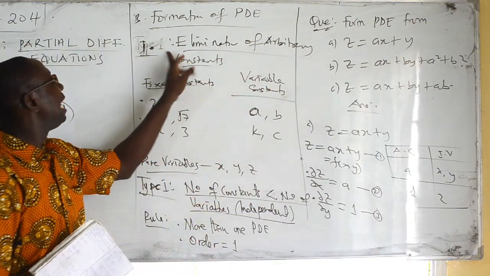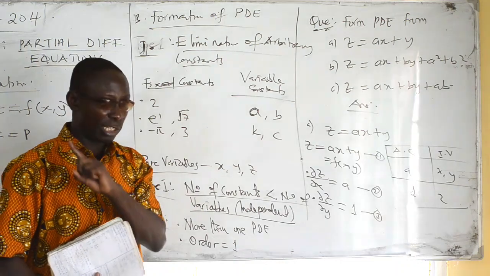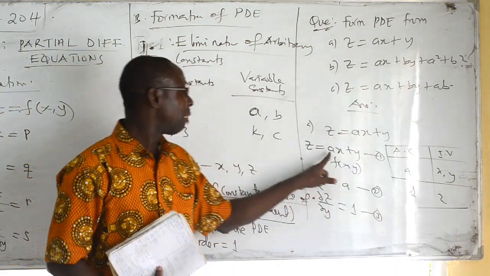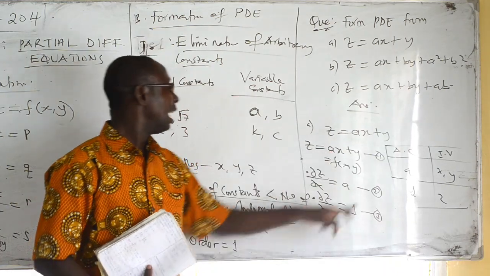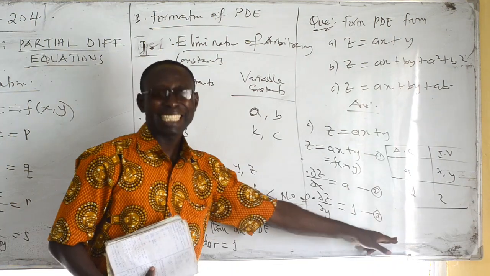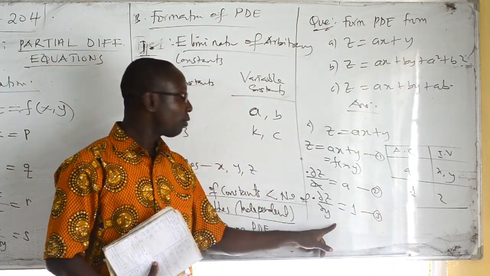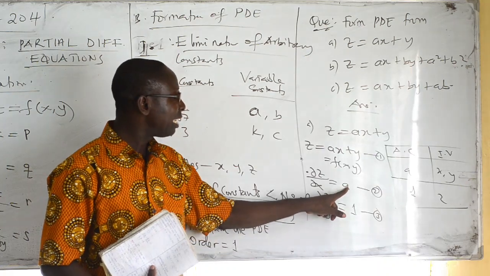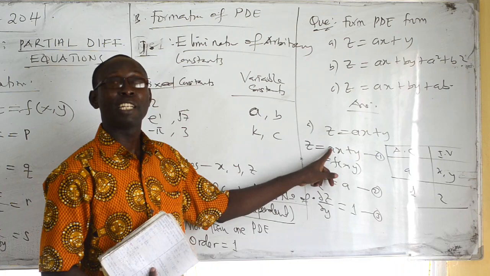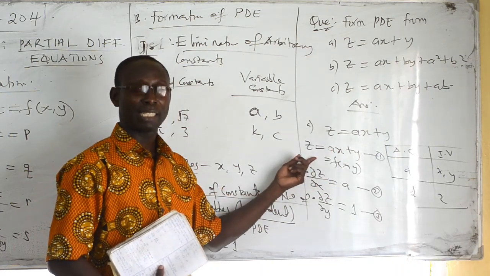The heading says elimination of arbitrary constants, not fixed constants. So equation 2 is not an answer because there's an arbitrary constant A inside. Equation 3 is an answer because there's no arbitrary constant inside. So we know what A is, so we can go and put A inside here so that this arbitrary constant will vanish. Then this will be an answer.